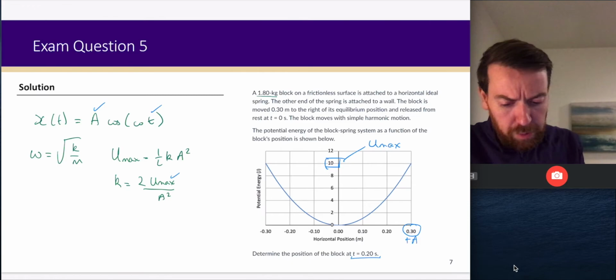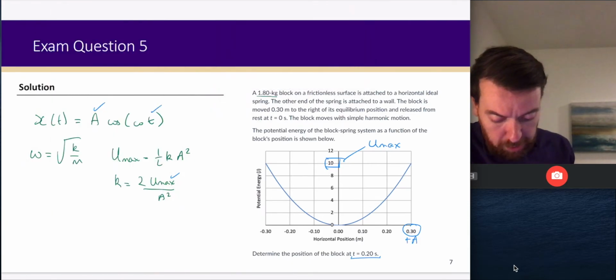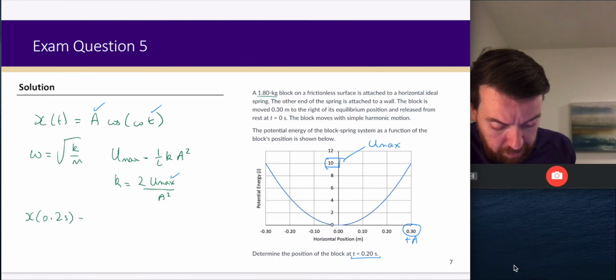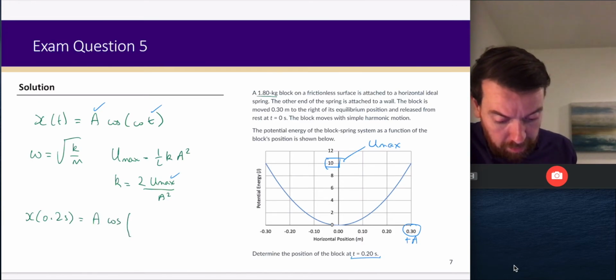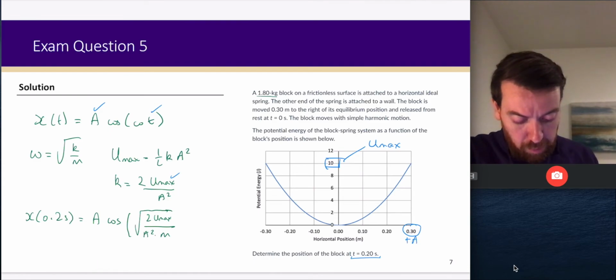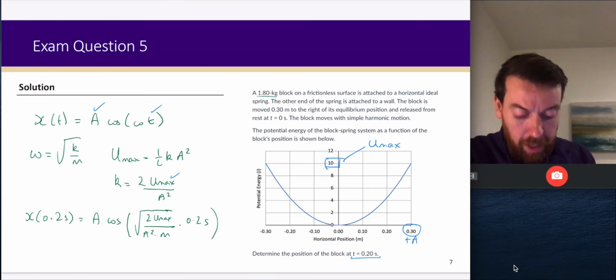So if we wanted to write an expression for the position at 0.2 seconds, it will be given as A times the cosine of omega t. Omega now is going to be the square root of 2 times U max, with the A squared down here, times the m that's in the original expression for omega, and this is times t, where t will be 0.2 seconds, and A will be 0.3 meters.